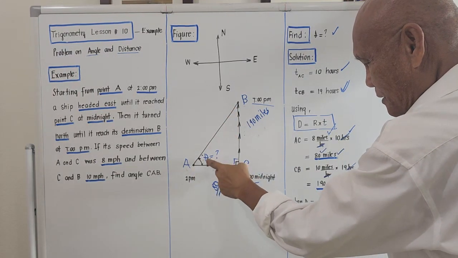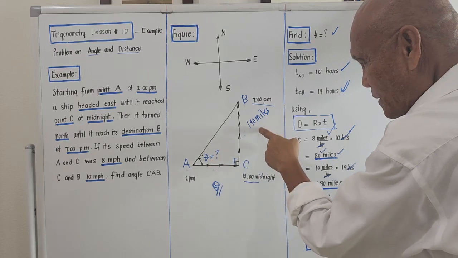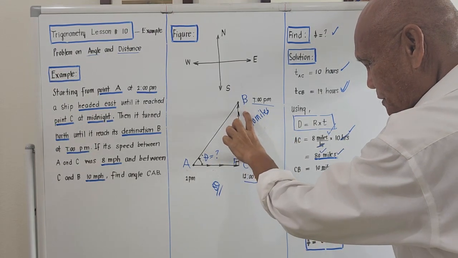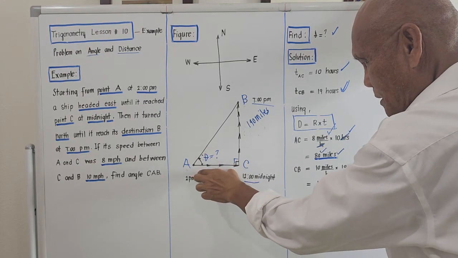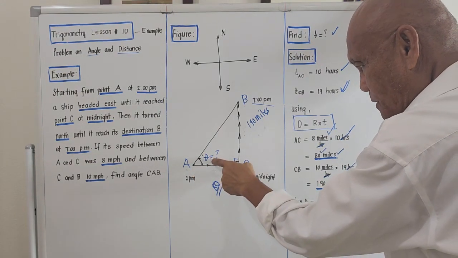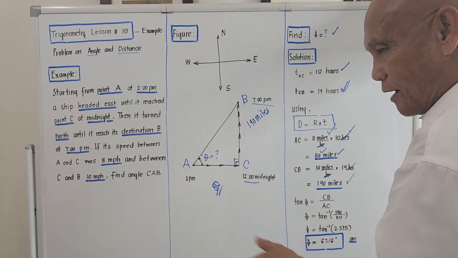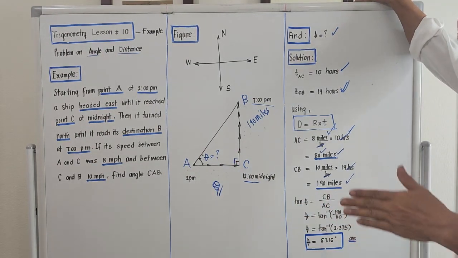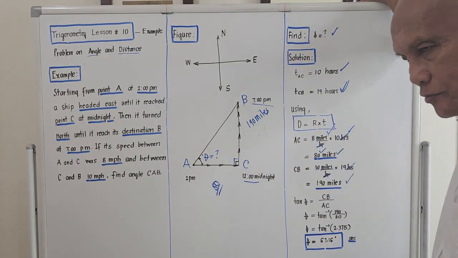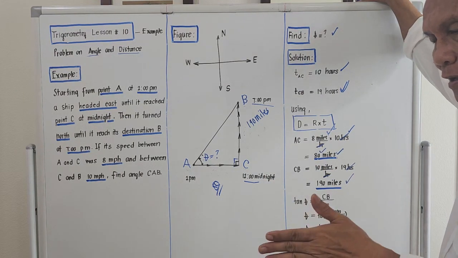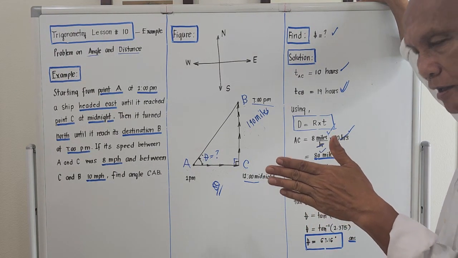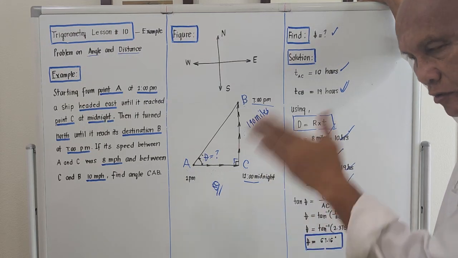This is angle theta. So this 190, with respect to theta, is the opposite side, and this 80 miles, with respect to theta, is the adjacent side. If we try to compute theta, we'll bring out one of the definitions of the trigonometric functions. Out of the 6 trigonometric functions, the correct relation should be either tangent or cotangent.